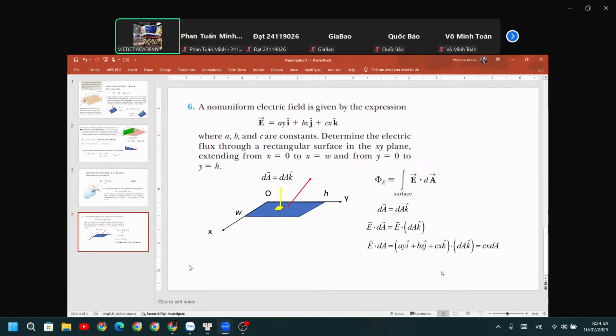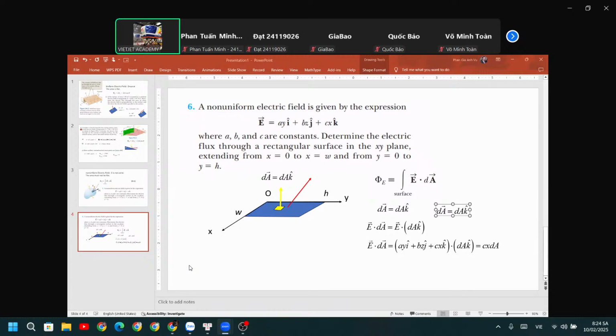Okay. The dA is the differential area here, dx dy, if you have this in mathematics. So dA is equal to dx multiplied with dy.